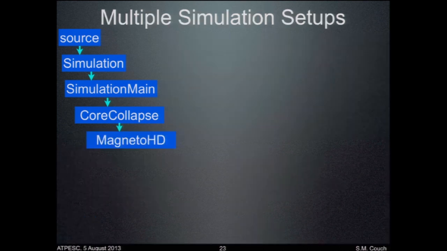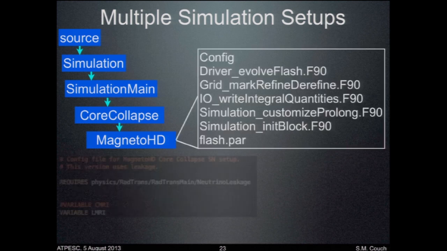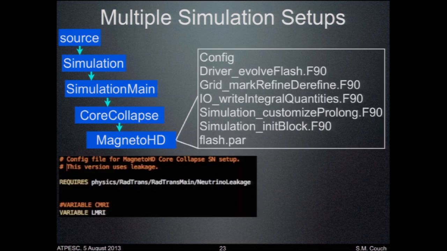Let's take a look at a sub-alternate implementation of core collapse. So the standard core collapse setup does plain hydro with neutrino heating. Within there, we have magneto HD. You can guess what this does. This does an MHD version of core collapse, but it also does neutrino leakage instead of neutrino heating and cooling.